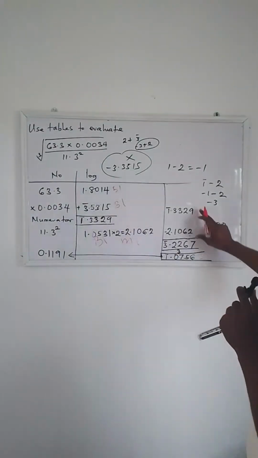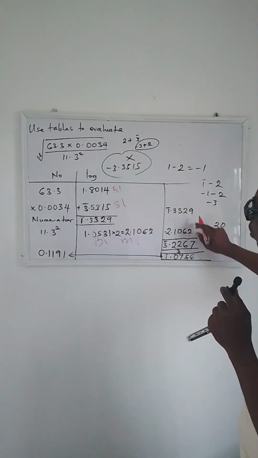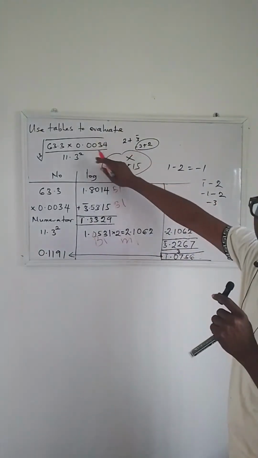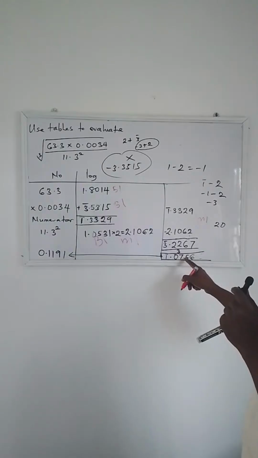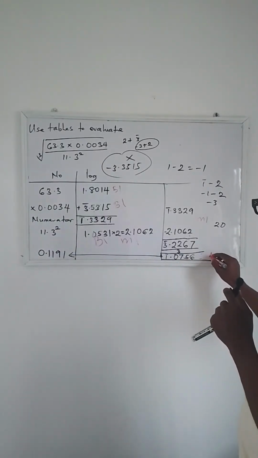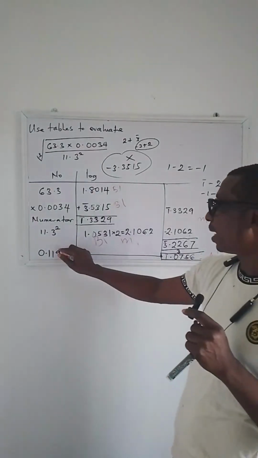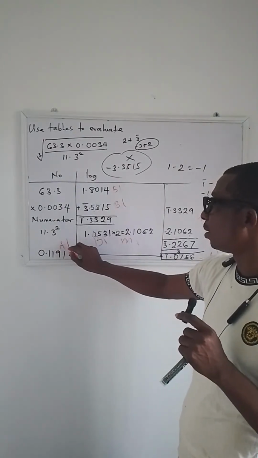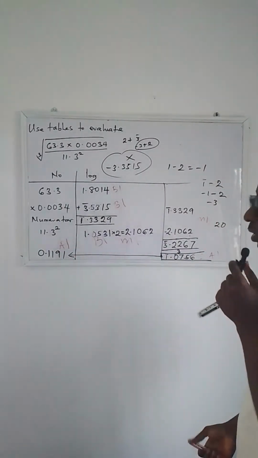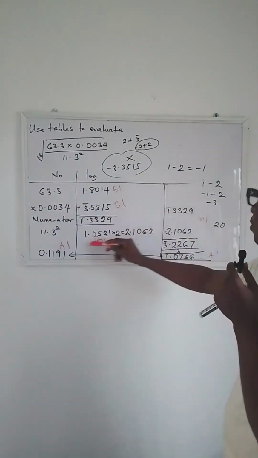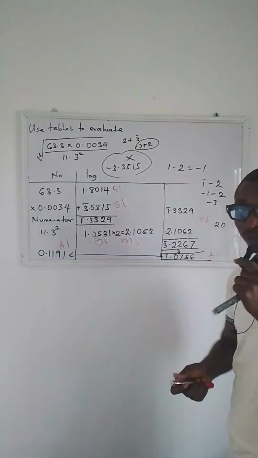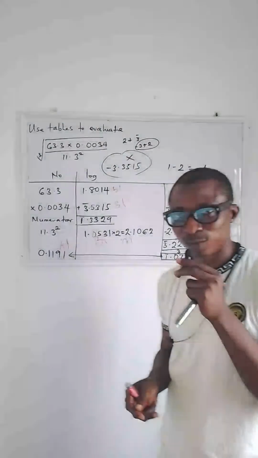Here, for subtracting, we have subtracted because we are dividing. So there will be a method mark 1 for that. And for getting this answer we have here, A1, and getting the final answer, another A1. So now what is the total mark for this question? Let's count. 1, 2, 3, 4, 5, 6, 7. So we have 7 marks altogether.